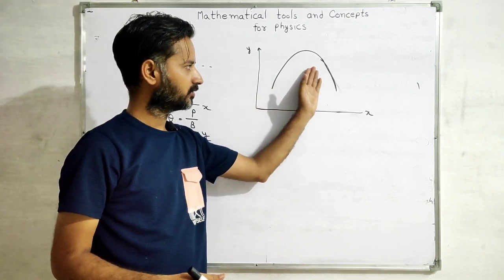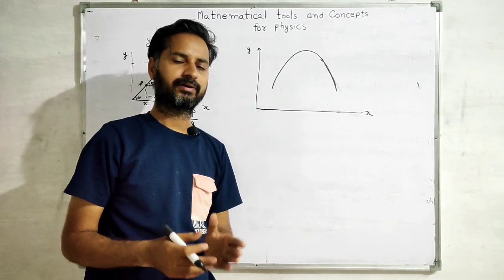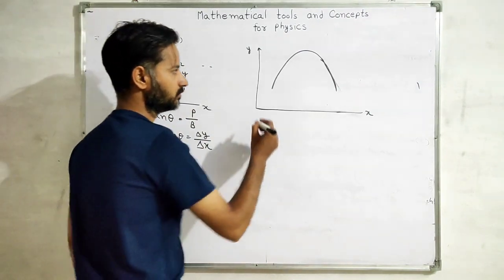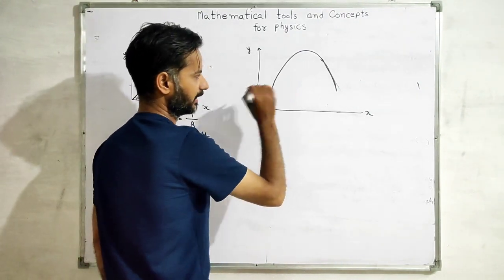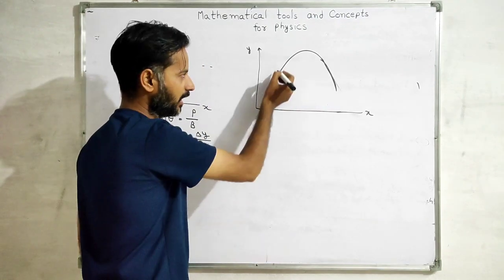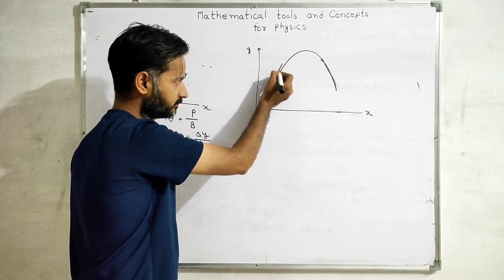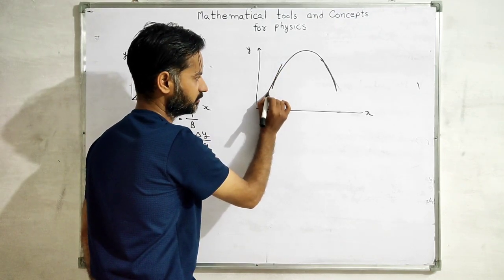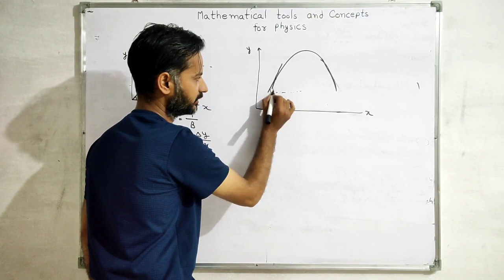wherever you want to get the slope, draw a tangent at the point. For example, if I want the slope here, then I will draw a tangent, and this tangent makes angle theta.